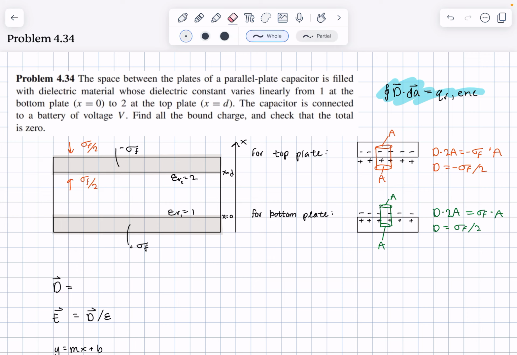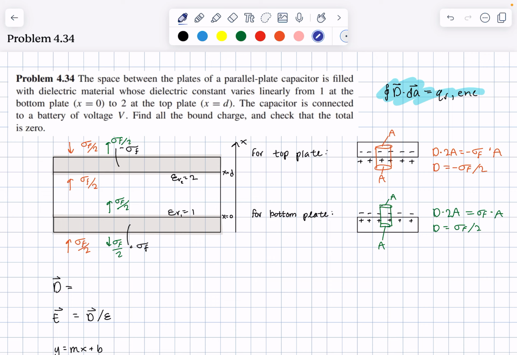But we already took care of the negative with the change in the direction of the arrow, so that negative should not be there. And that will go all the way to here. And then for our bottom plate, since it's positive, we'll have the vectors coming out, so free charge density over 2, and again, it extends up to here.